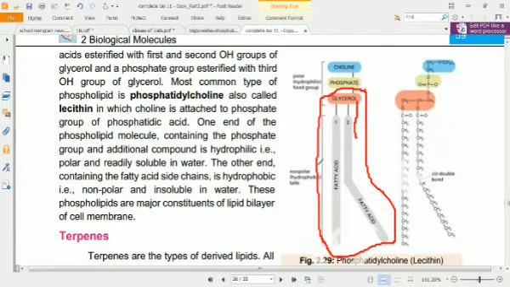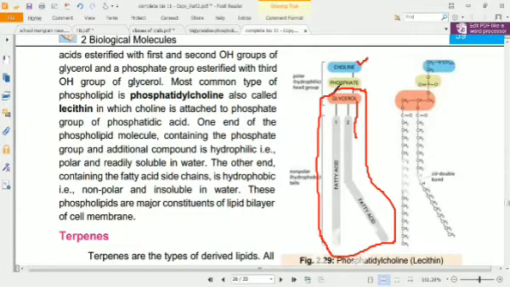With that phosphatidic acid, if choline is present, it is called phosphatidyl choline, or lecithin, which is a phospholipid. If it is choline, it is lecithin, and ethanolamine can also attach here, so there can be different compounds.